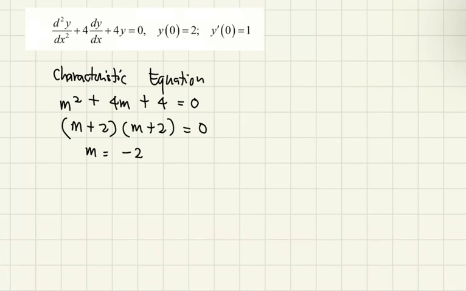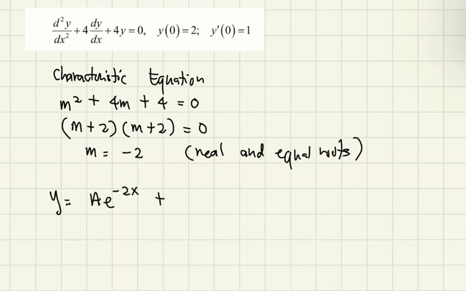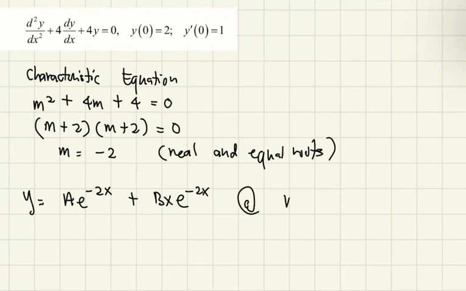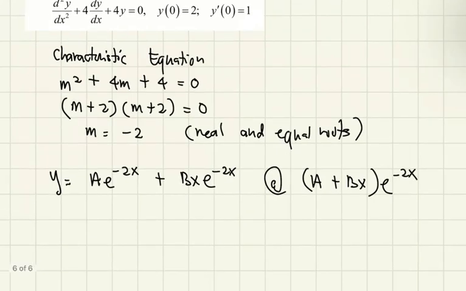So we have real and equal roots. So the solution will be y equals a e^(-2x) plus bx e^(-2x). Or you can write it as a plus bx, e^(-2x). Either case is okay.